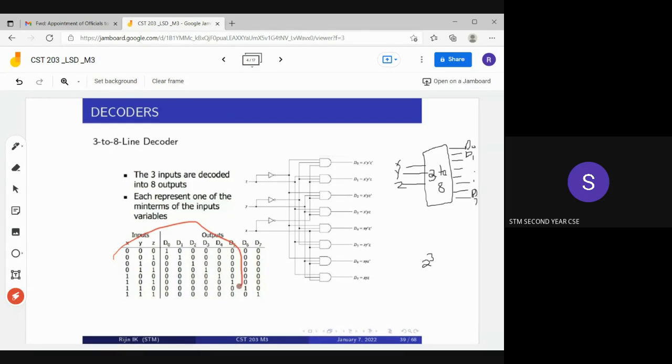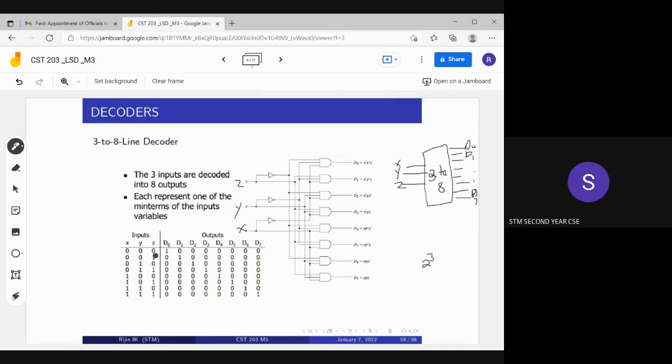So this is how we will draw the truth table. From this truth table, you can draw the corresponding logic circuit. Here you can see that three inputs are there, X, Y, and Z. Then what is the value of D0?